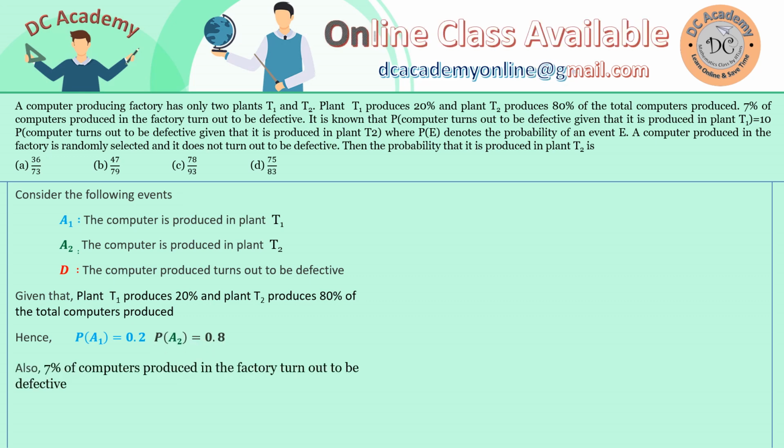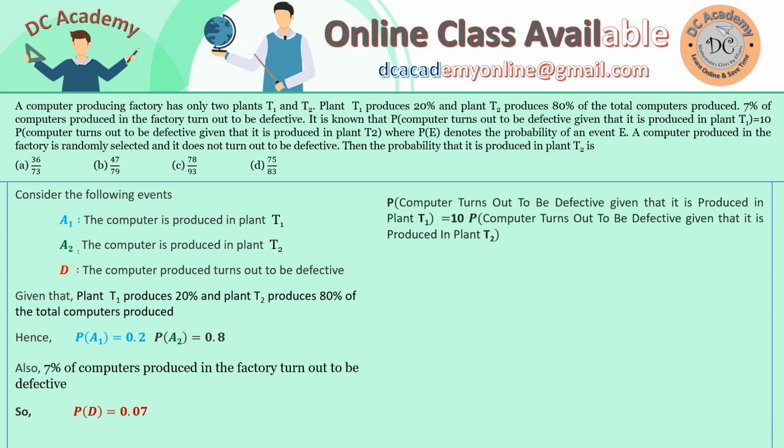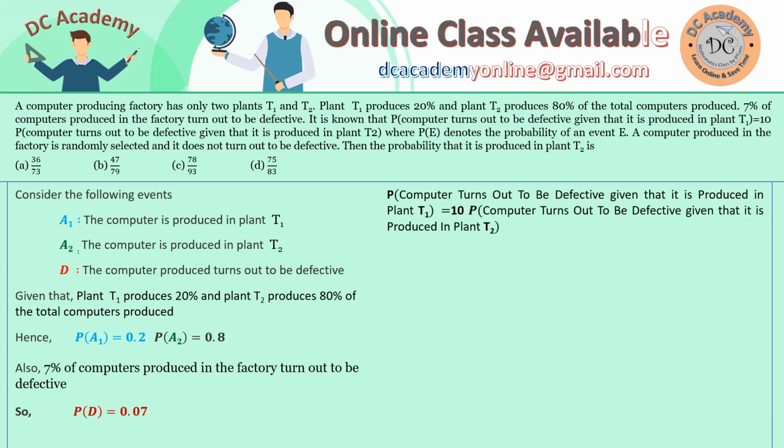It is also said that 7% of the computers are defective. Therefore probability of D is 0.07, 7 by 100. So we get all the important probabilities here. Now, what is the given condition?